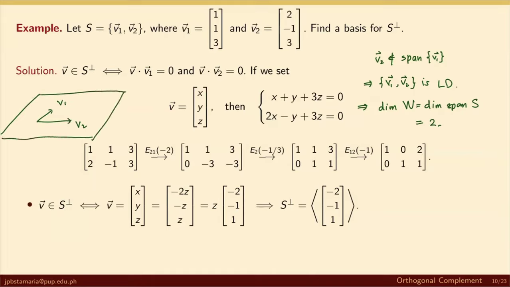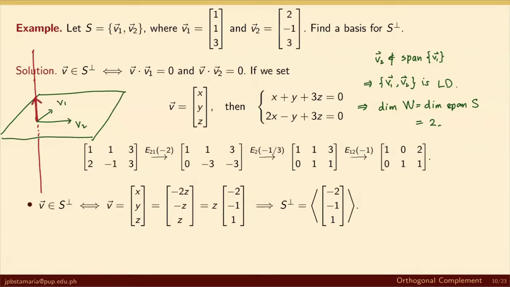Now where is S perp? S perp is the straight line. Here's your straight line, right? It's a straight line in the direction of (-2, -1, 1). So you can imagine this as your S perp. Then maybe the generating vector is right there. It's at 90 degrees.